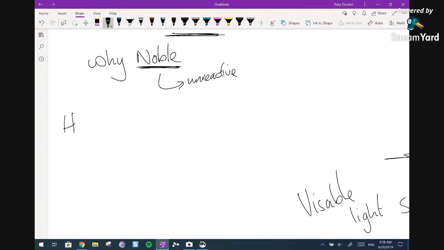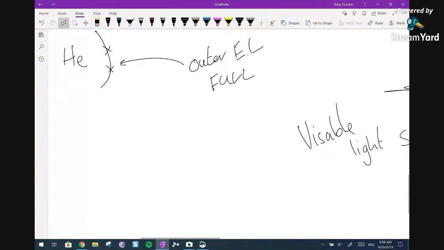So helium only has one shell, and it has 2 electrons in it. So we realized very quickly that helium's outer energy level, I'm just going to put EL, energy level, was full. If you look at the next one, neon, 2 in the first and 8 in the second.